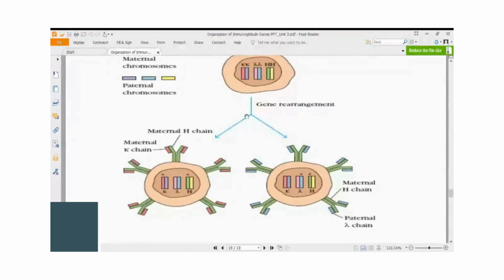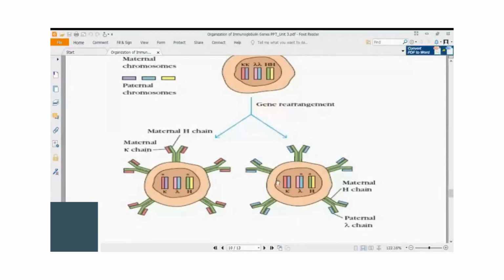In the process of mitotic proliferation, when two B lymphocytes are produced as a product of one cell, both those B lymphocytes need not have the same type of receptor. They will differ from one another. And each B lymphocyte will further proliferate to put in the same type of receptor. Now, the receptor here is different: maternal heavy chain, paternal lambda chain. Here, maternal heavy chain, maternal kappa chain.